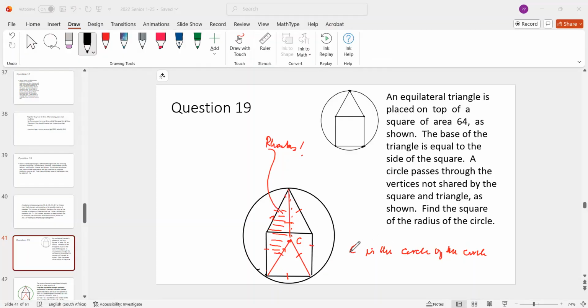All these are equal. We just proved they're equal. So that must be the center. Right? It's equidistant from these 3 points. Okay. And therefore, this single line is a radius. So this now becomes a radius. So the side of the square is a radius.